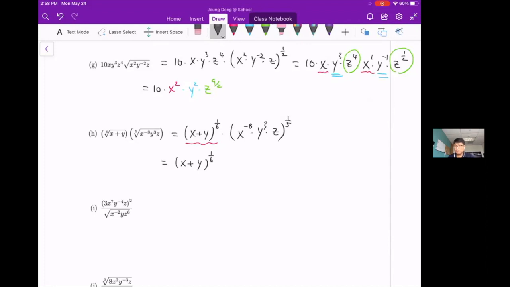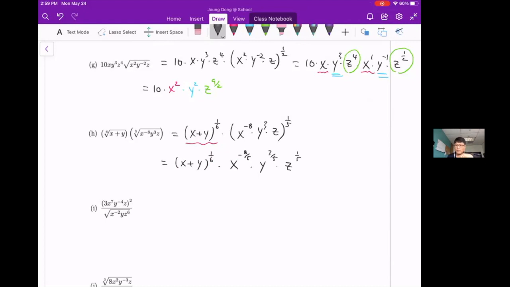Is that okay? But for the second parenthesis, you can do that because there is no addition or subtraction, right? So it will be distributed, which means x to the -8 times 1/5, which is -8/5. And the second term, y 3/5, and z to the 1/5. Is that okay? And then let me take care of the negative power. We have only the negative power for the x term.